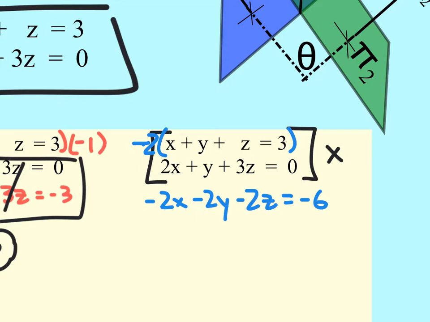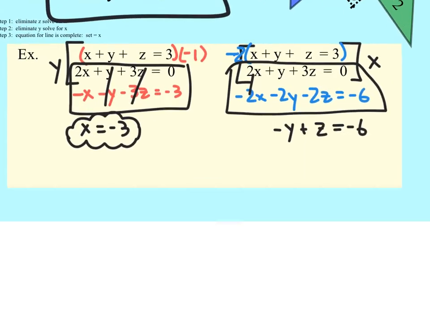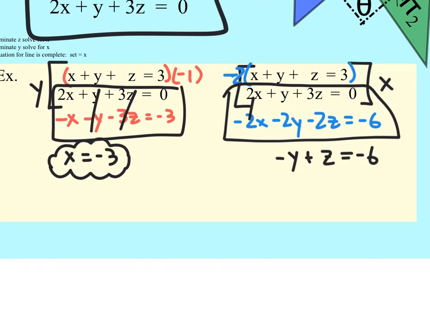I'm going to add these two together. If I add those together, the x's go away. I get -y plus z equals -6. So I get x equals -3.